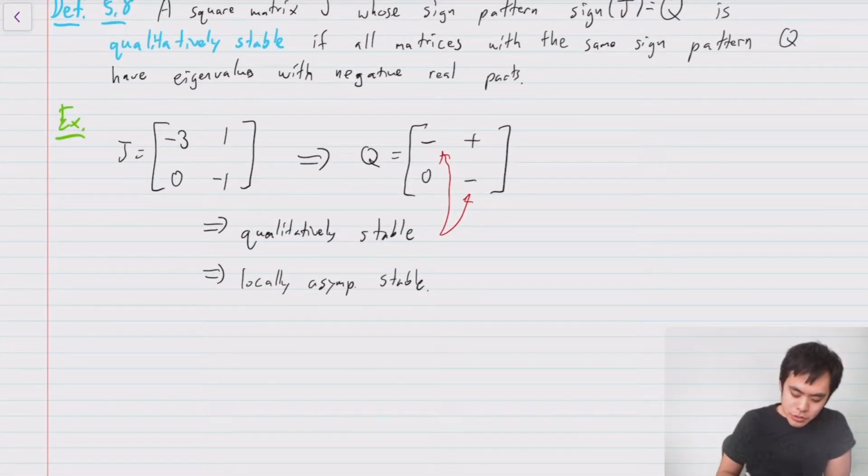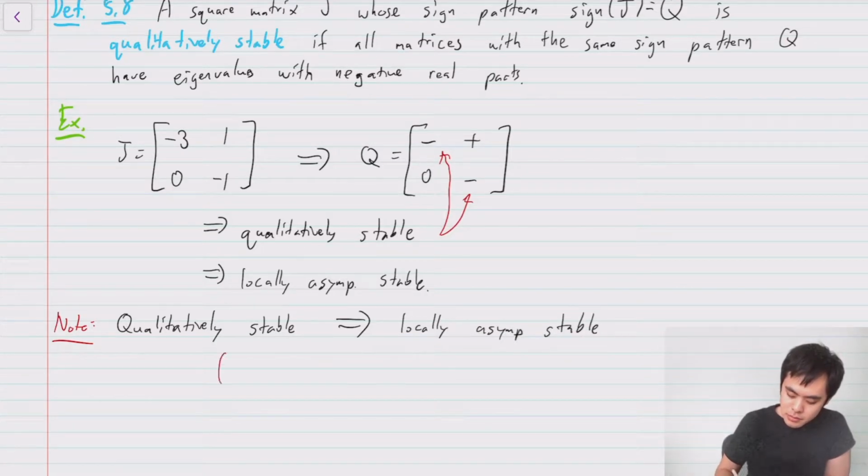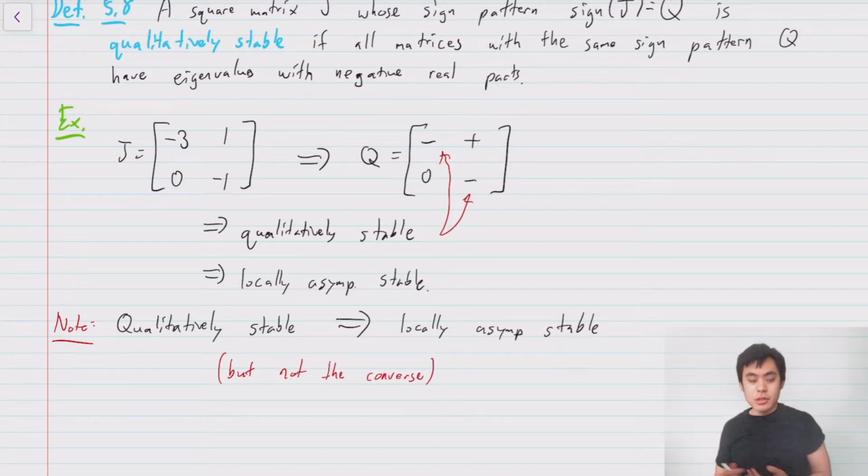So important to note that qualitatively stable implies locally asymptotically stable, but not the converse. Sometimes you'll be locally asymptotically stable, but you won't be qualitatively stable.